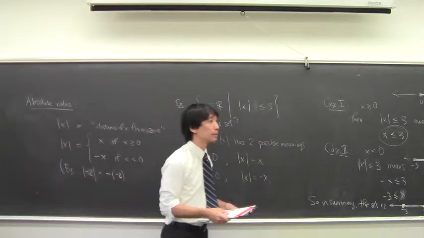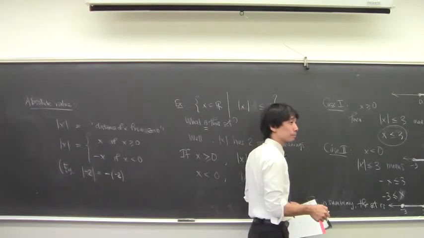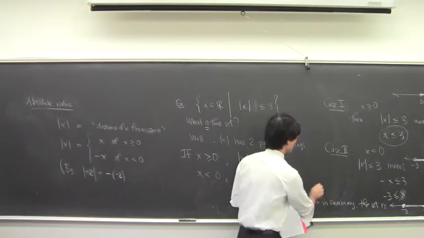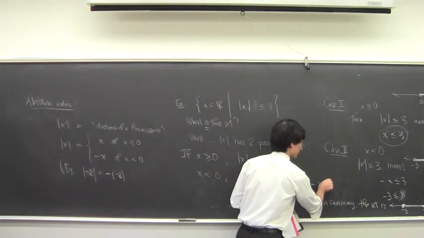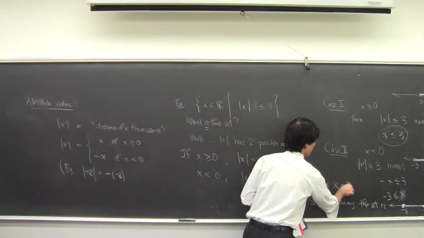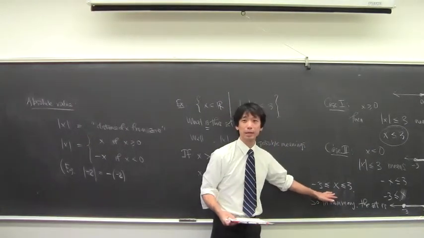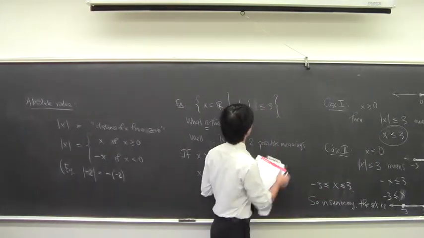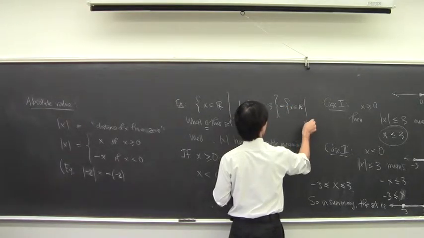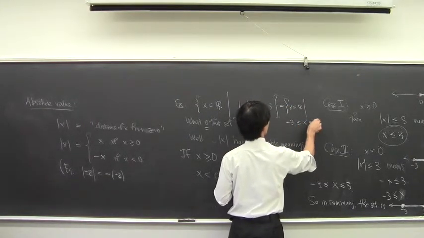If we want to write that algebraically, we would do it as an inequality where x is in the middle, negative 3 is on the left side and positive 3 is on the right side. That's right. So this is how you would express it. This set is the same thing as the set of x where x lies between negative 3 and positive 3.